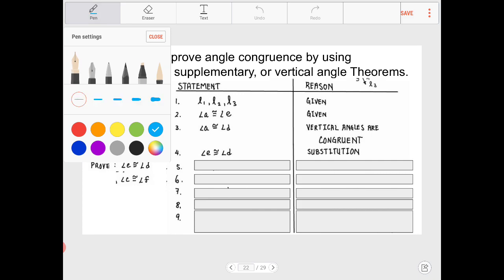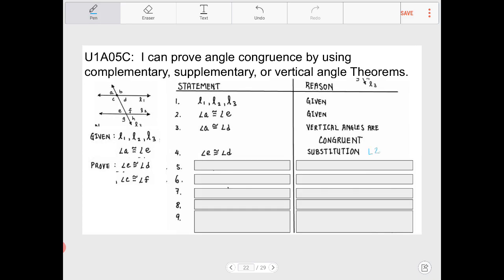I should have written there 2 into 3, so L2 to L3. All right, since E is congruent to D, we just proved the first part of that question.